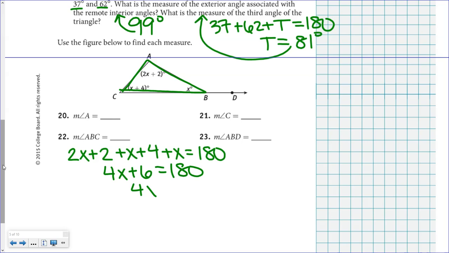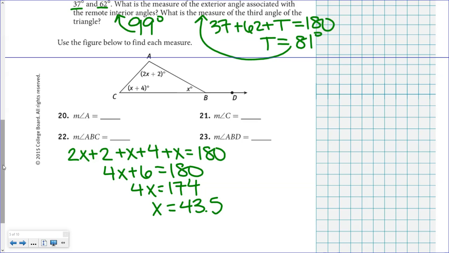Subtracting 6 gives me 4x equals 174. And then dividing by 4 produces x equals 43.5, which is fine to get a decimal. You probably just want to double guess yourself whenever you got that.